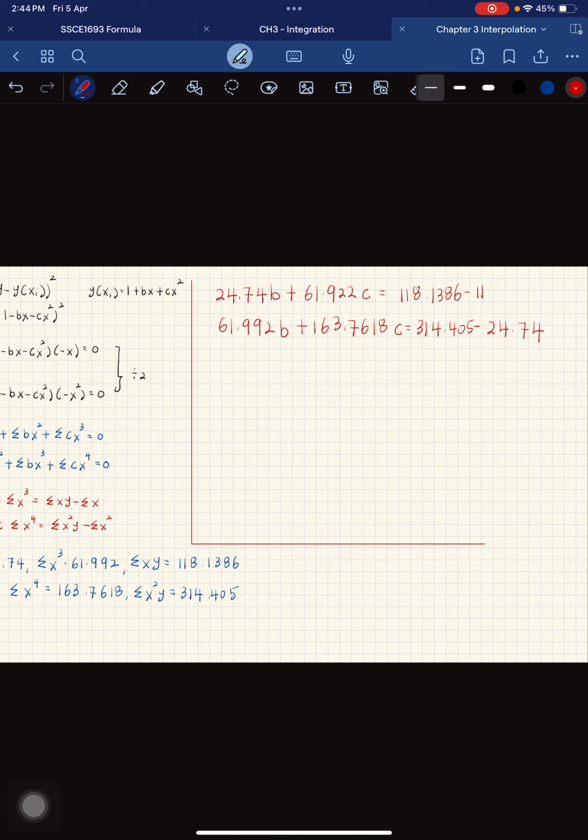Using your calculator, you find more until you find equations. So we want to find b and c. So two unknowns, 24.74, 61.992, 118.1386 minus 11 equal, 61.992, 163.7618, 314.405 minus 24.74.